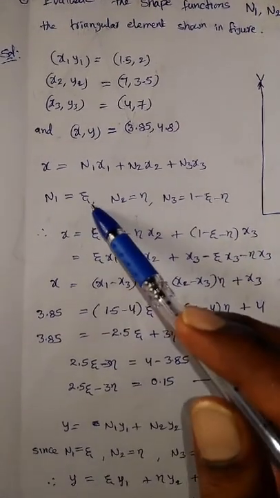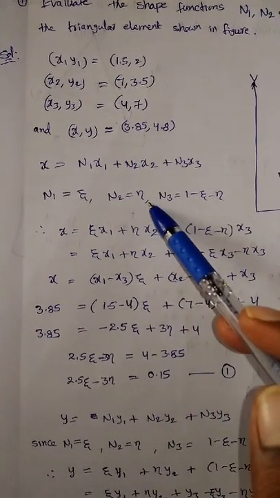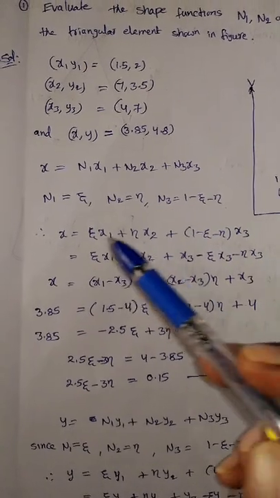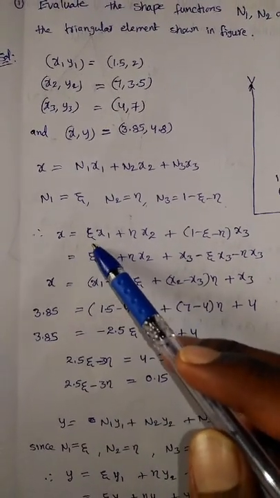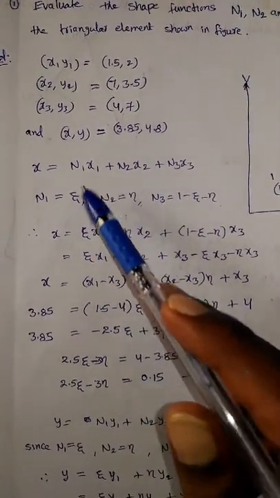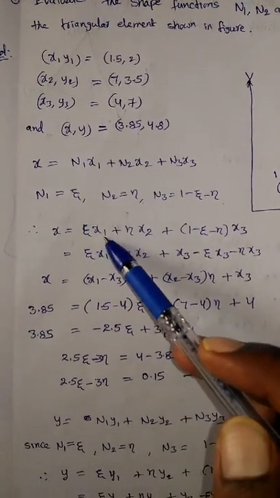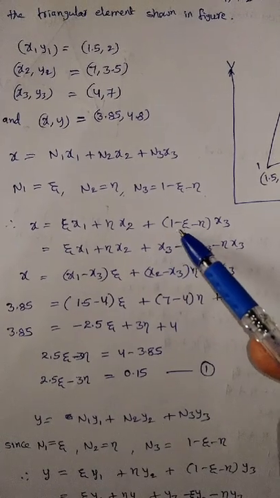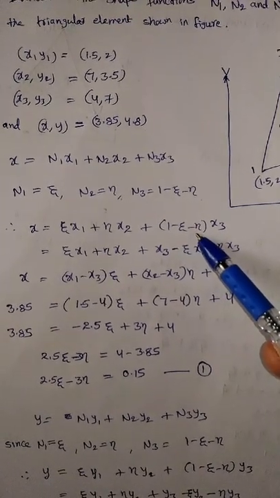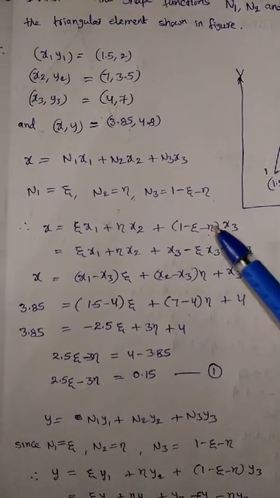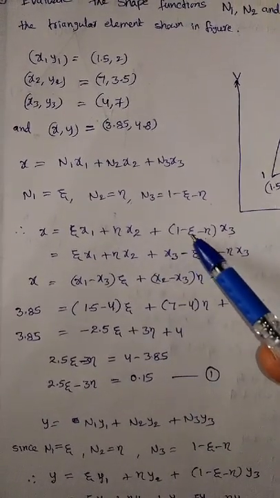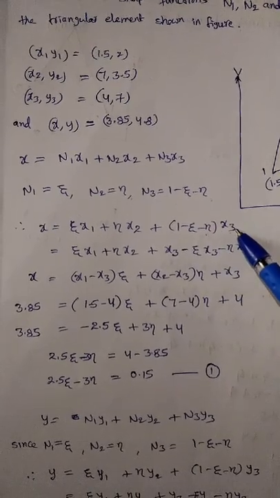Since n1 is equal to xi, n2 is equal to eta, n3 is equal to 1 minus xi minus eta, therefore x is equal to xi x1 plus eta x2 plus (1 minus xi minus eta) x3.